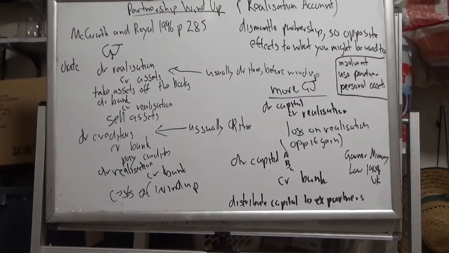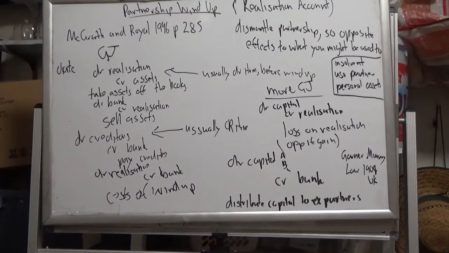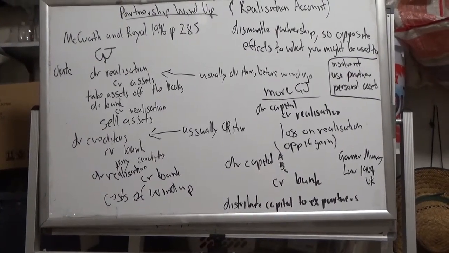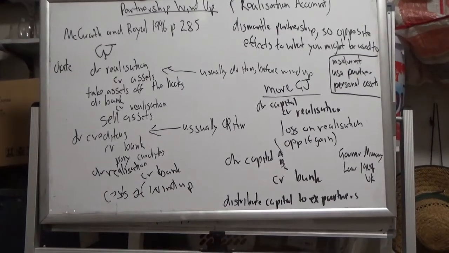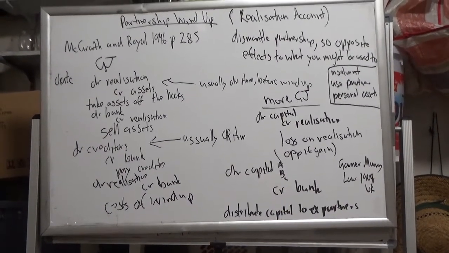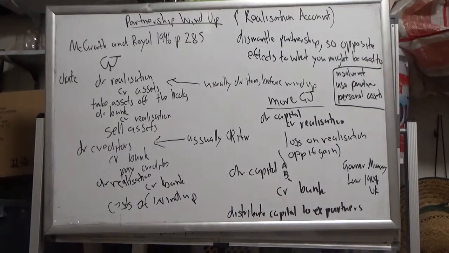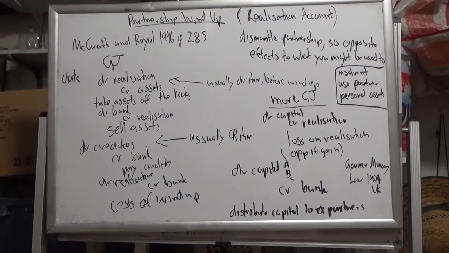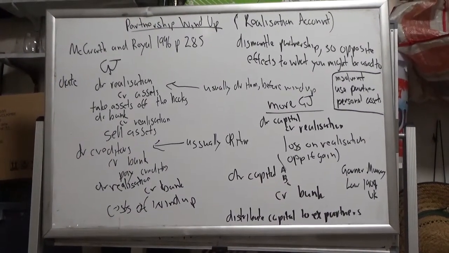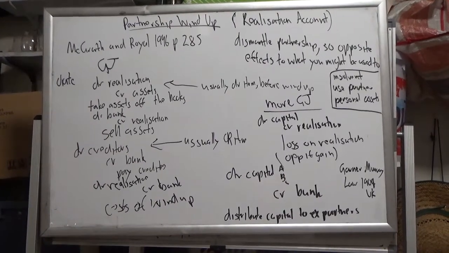More general journal entries, debit capital, credit realisation for a loss. Opposite if it's a gain, you'd think. Distribute capital to ex-partners, you debit capital in the partner structure, listing, credit bank.